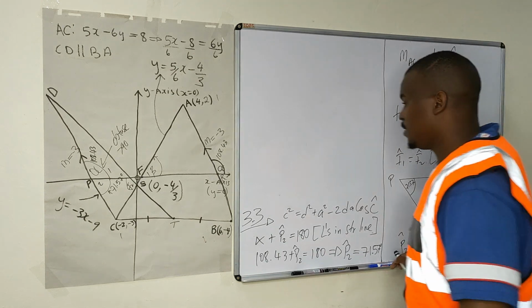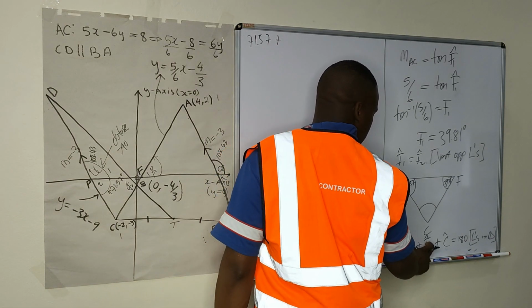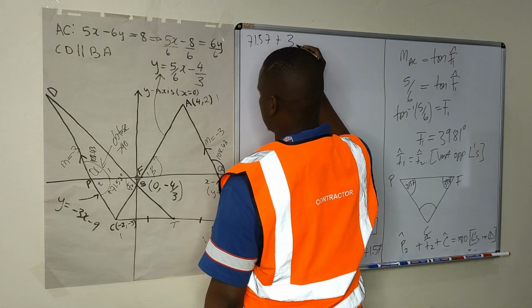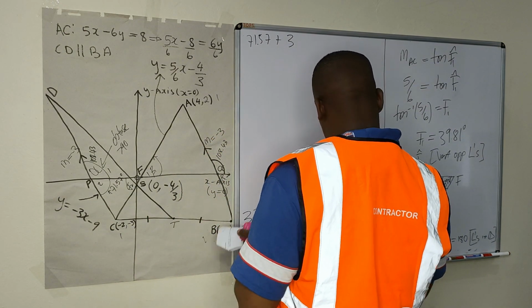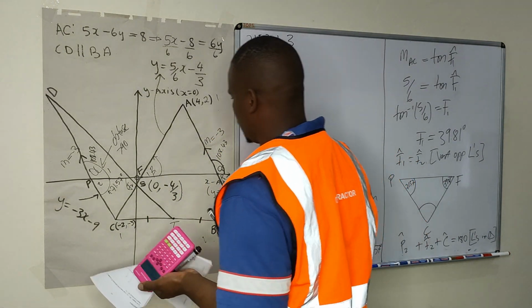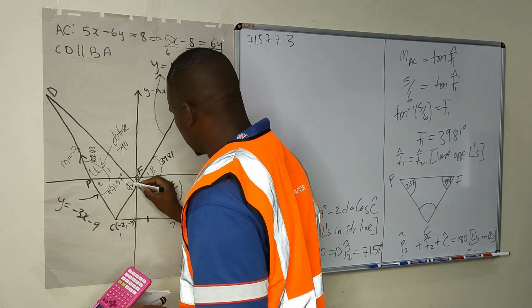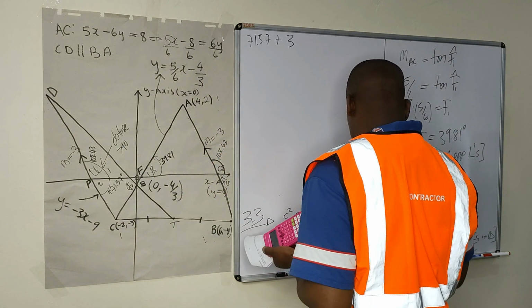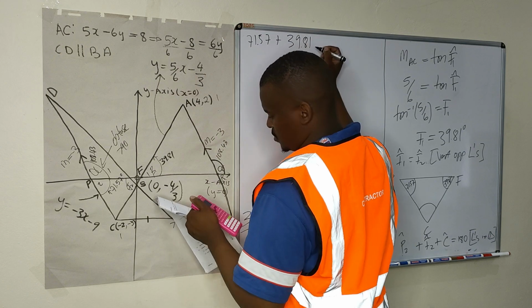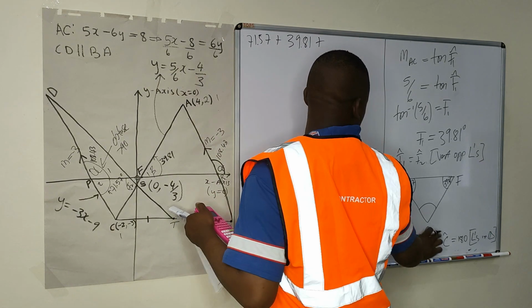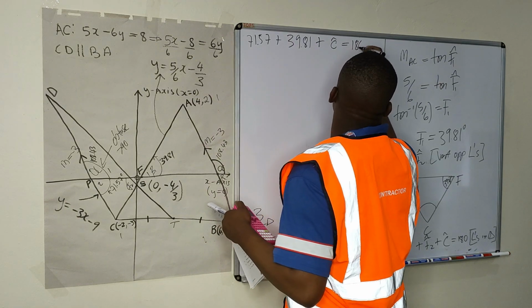So P2 is equal to 71.57, plus F2, which is 39.81, plus C is equal to 180.